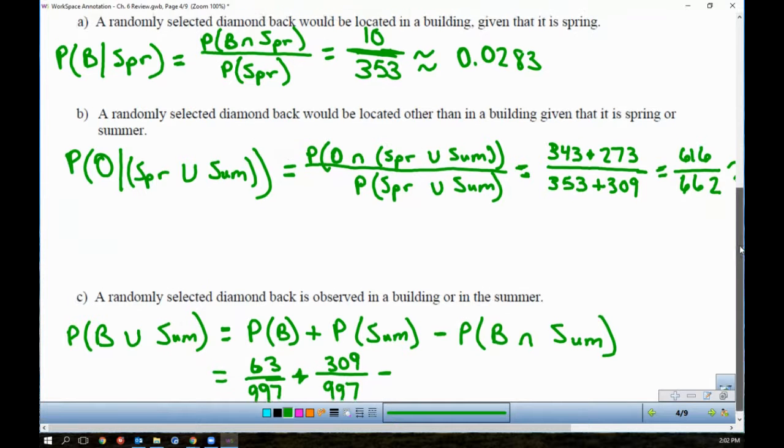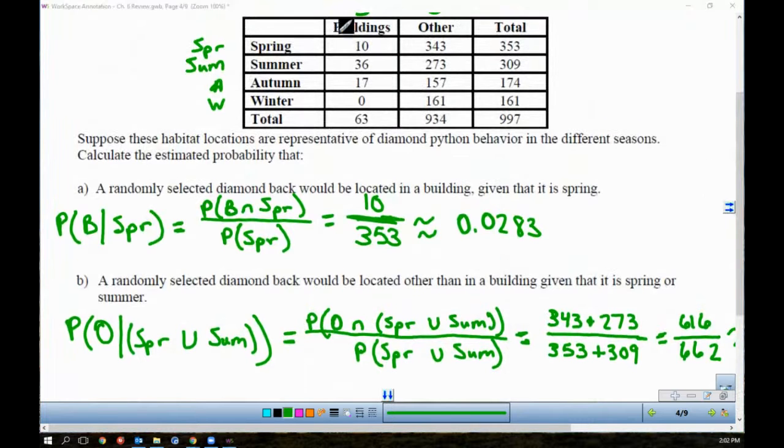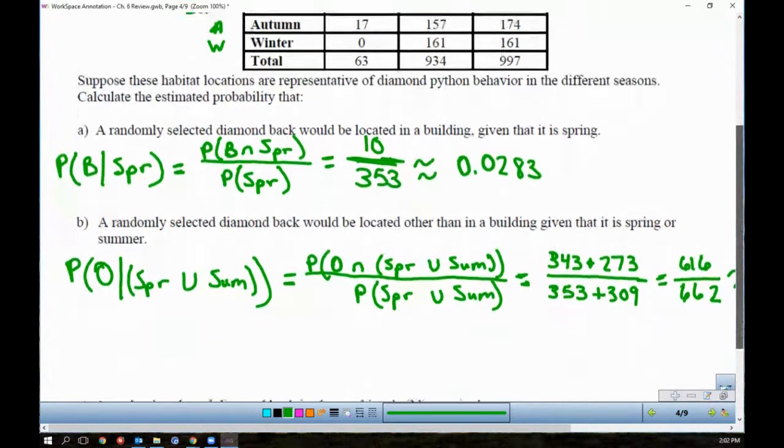Minus the probability of building and summer. Building and summer, so 36 over 997.